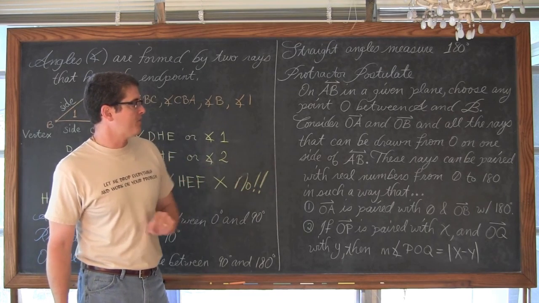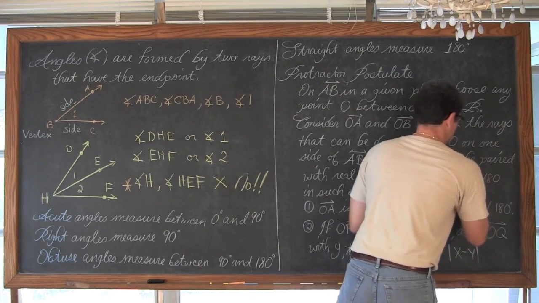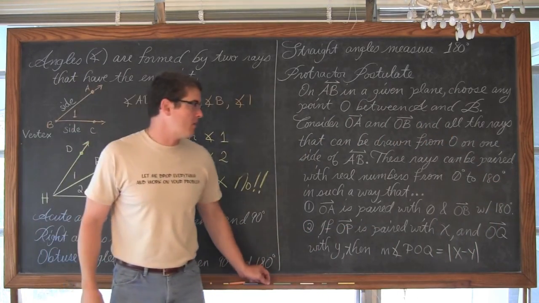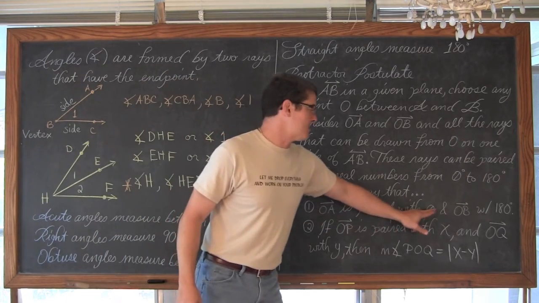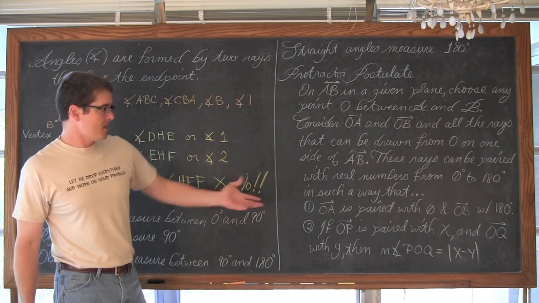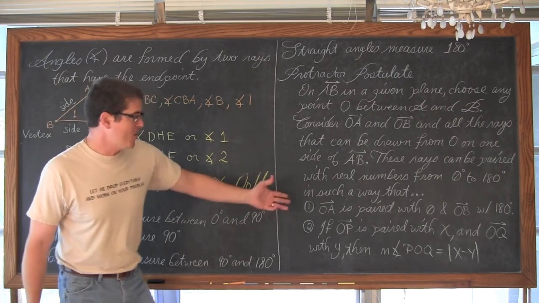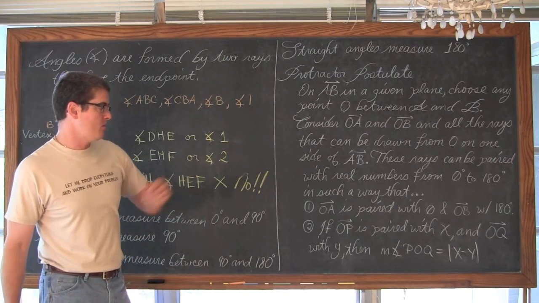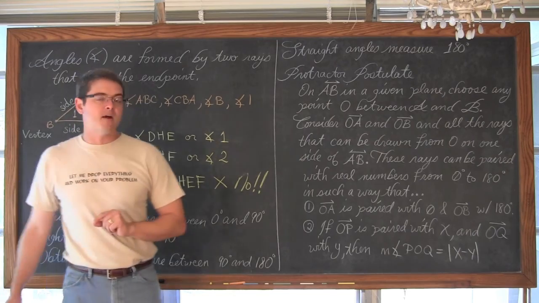These rays can be paired with real numbers from 0 to 180 degrees in such a way that OA is paired with 0 and OB with 180 degrees. If ray OP is paired with X and ray OQ with Y, then the measure of angle POQ is equal to the absolute value of X minus Y.